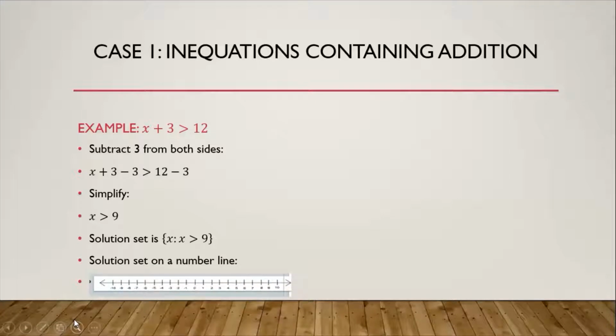The first thing that you would do, you are going to locate the number that is here, which is 9, on your number line, right? And after we locate 9 on our number line, we're going to use what is called a closed or open circle. Now, what is an open circle? It's just a circle that is not shaded.